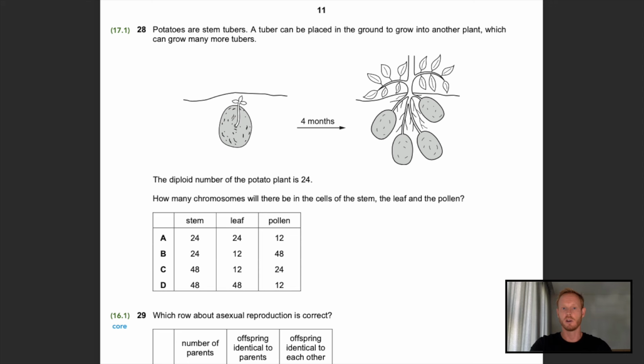Okay, for this one, you need to know that a diploid cell contains 2 sets of chromosomes, and that haploid cells contain 1 set, so half the number, in this case 12. Normal plant or animal cells, like those of the stem and leaf, are diploid, so will contain 24 chromosomes, but gametes or sex cells are haploid, so the pollen will contain 12 chromosomes, half the number. The correct answer is therefore A.